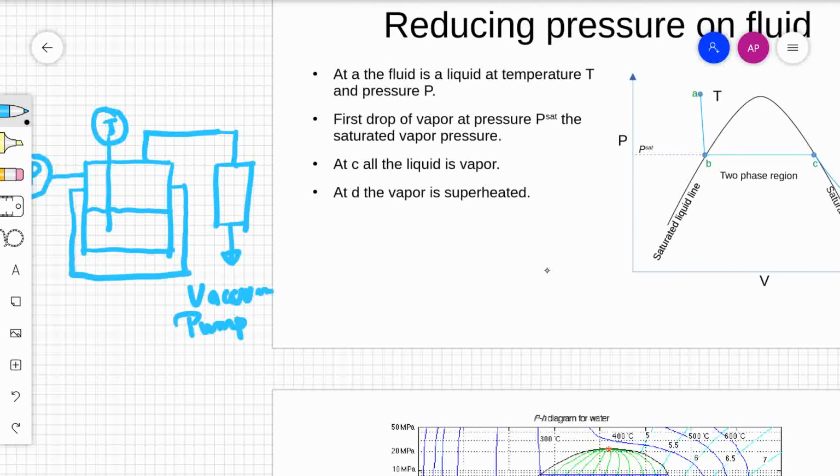To start with, at A, let the temperature of the liquid be T and its pressure be P. When we start reducing the pressure on it, its volume is going to increase. But as you can see, AB is a straight line and it is almost vertical.